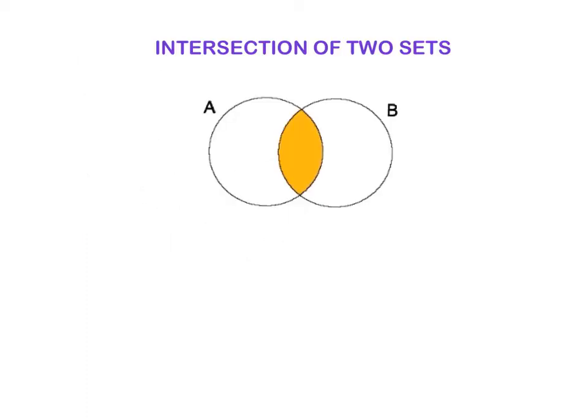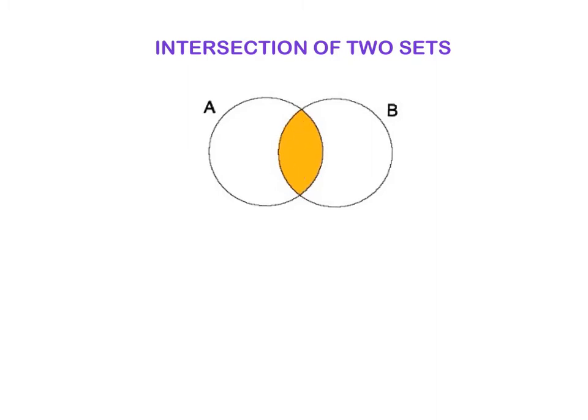And our first keyword today is intersection. So what is intersection? Intersection is the part between two sets, the yellow part in here.